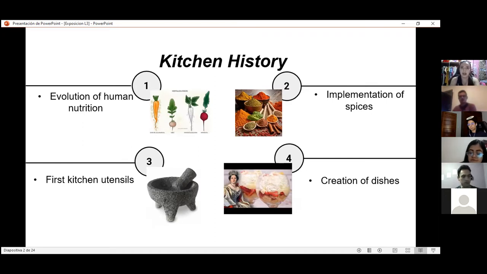Okay, let's start. I have one question for all. Has anyone here had the misfortune of trying any type of meat that is not cooked properly? Anyone?